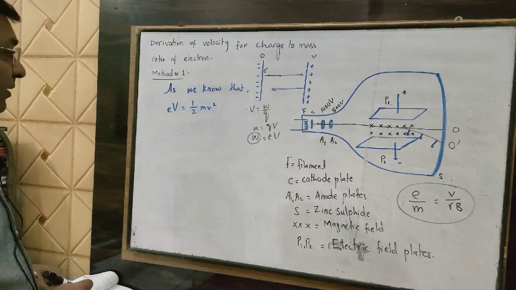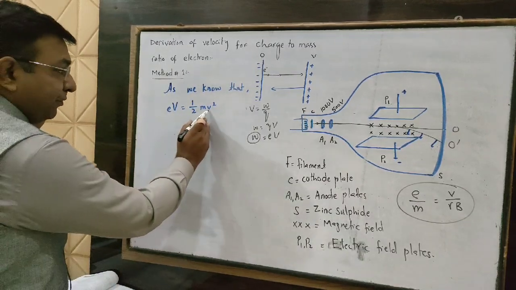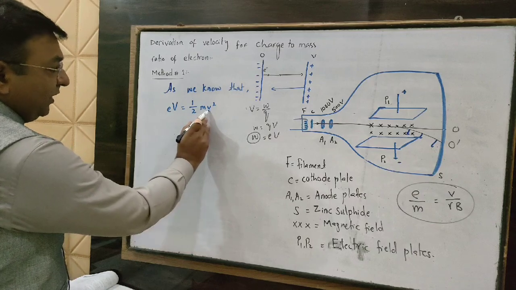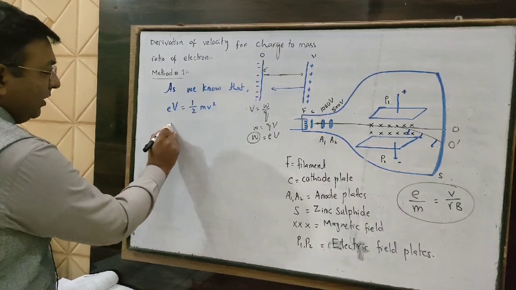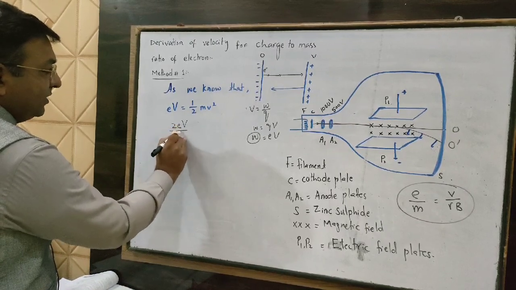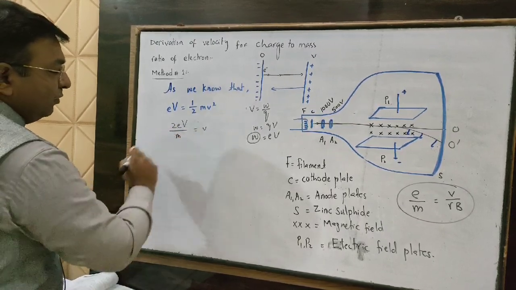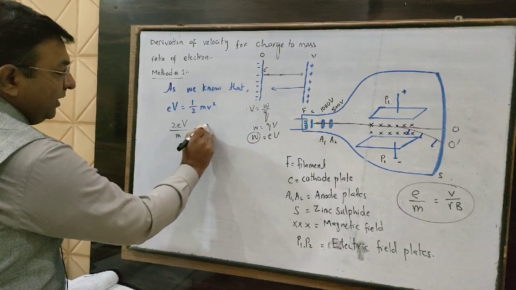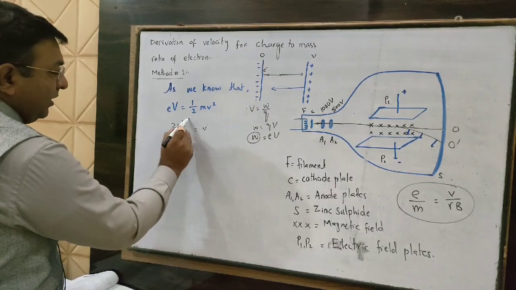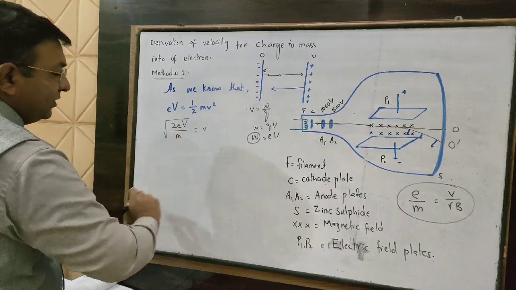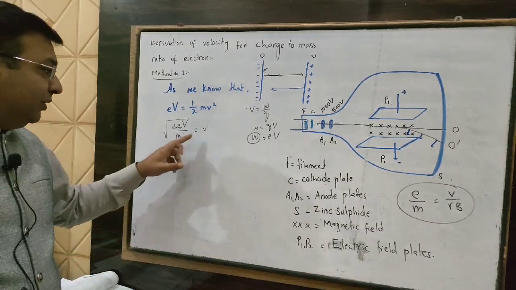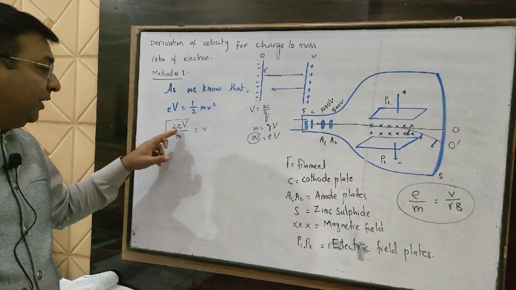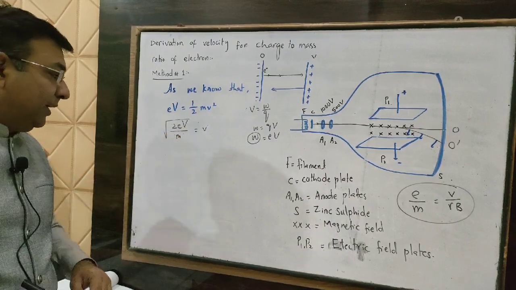If we try to write the relation for v, we rearrange this equation: 2eV/m is equal to v². If this square is shifted to the other side, we obtain the result v is equal to the square root of 2eV/m.